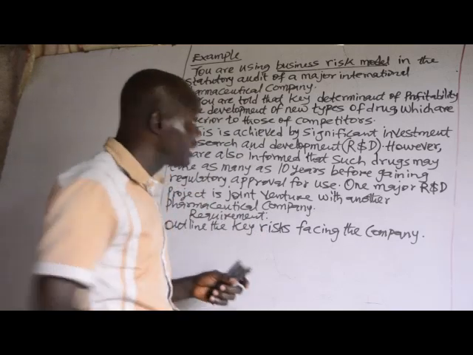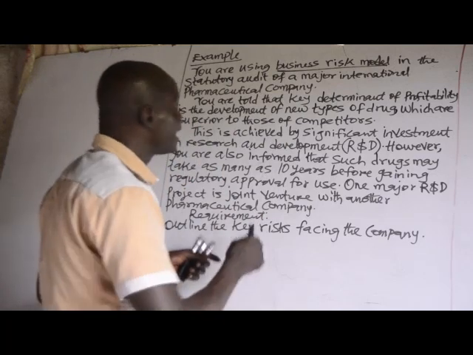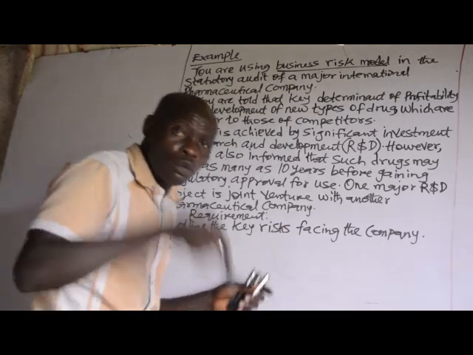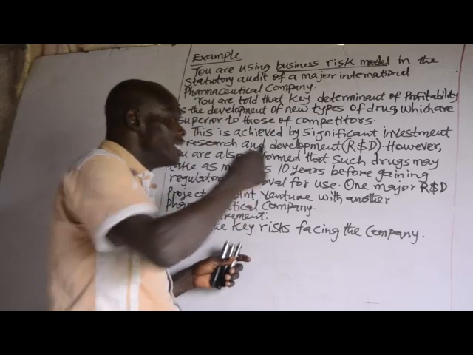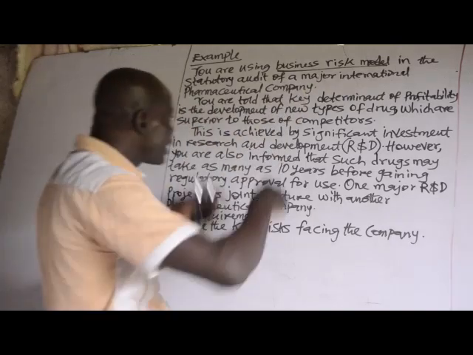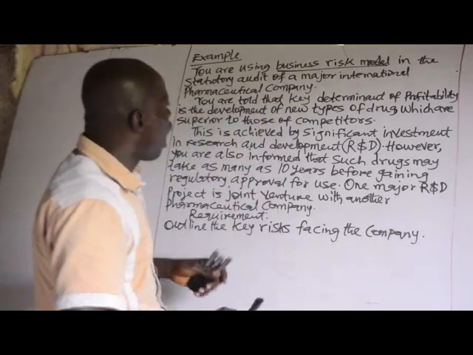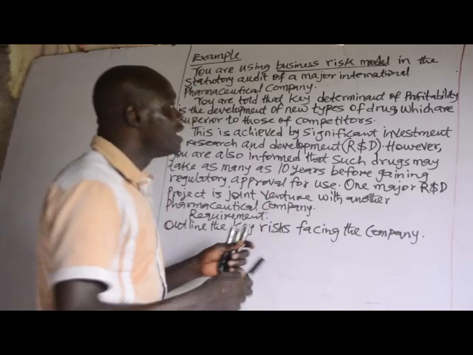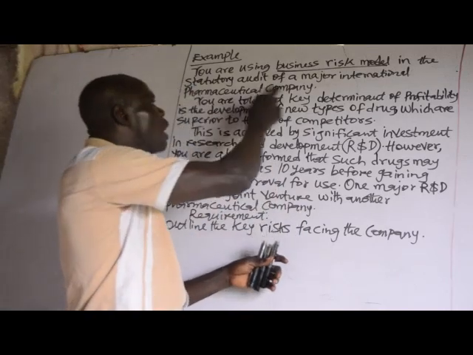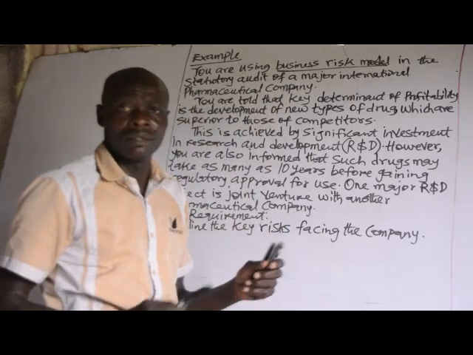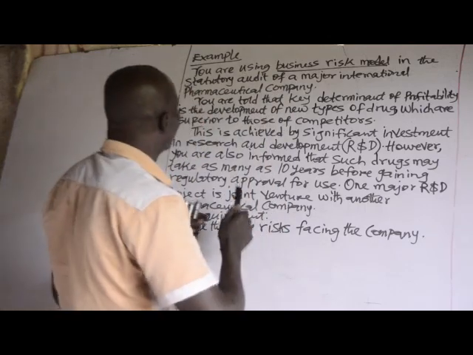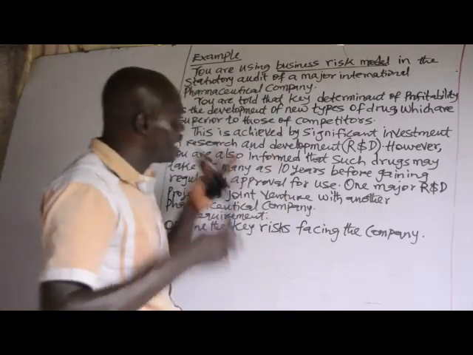Remember, I told you that business risks are the risks that the entity may not be able to achieve its objective. So what are those risks? What are those things that will jeopardize the chances of the pharmaceutical company in achieving its objective?